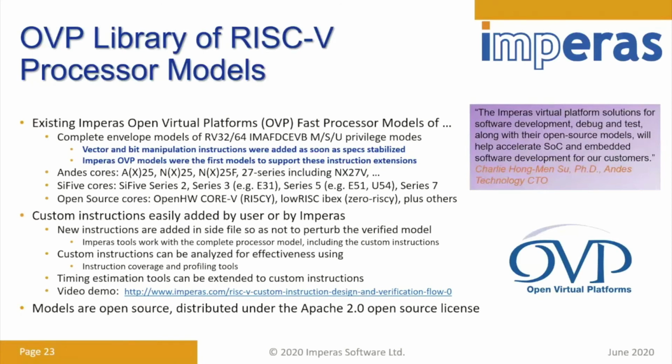And so we've got all the variants of the Andes cores, the SiFive cores, and also some of the open source cores, including the open hardware CV32E40P, which is based upon the original RISC-V core, and we also have things like the lowRISC Ibex as well. And within our technology, as was shown in the previous demonstration, we have the capabilities to add these custom instructions into these models in terms of being able to append them into the custom instruction set.